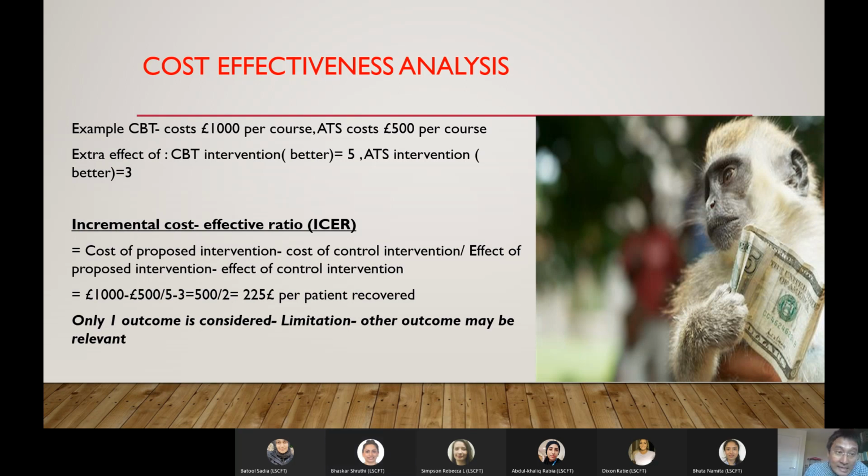And in the rating scale, CBT has a score of 5. In ATS, they have a score of 3. So if someone asks us to calculate the incremental cost-effectiveness ratio, what we do is subtract this from this and divide by this and this. So it gives you the incremental cost-effectiveness ratio. Is everyone clear how we calculate this now?